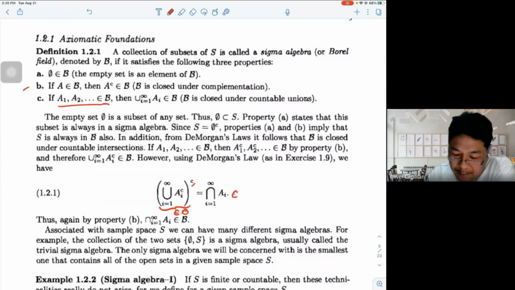So this is also an element of script B. That is why I have said that script B is also closed under countable intersections.